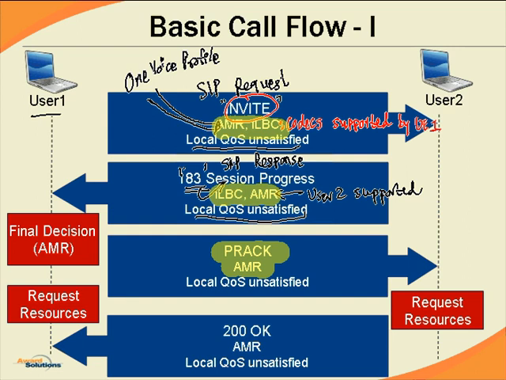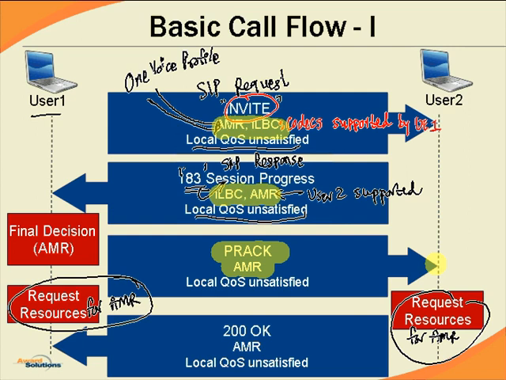Request message again going to the other end. So now this user says, okay, now I need to reserve resources for AMR. In the meantime, UE1 has to work with its own access network, LTE, for example, to get that reservation done.